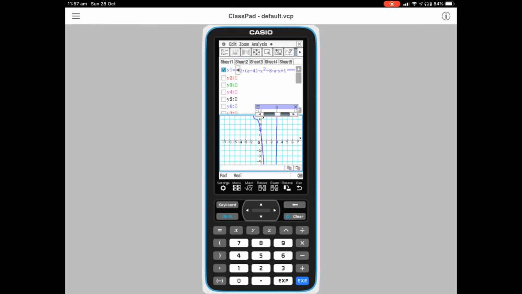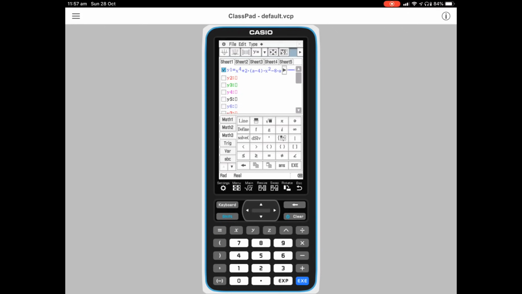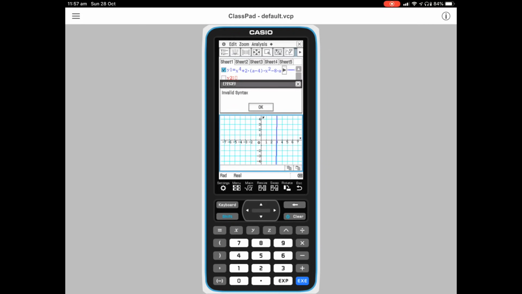Okay, so x has got to be greater than or equal to 2. Given. I'll do that. Okay.